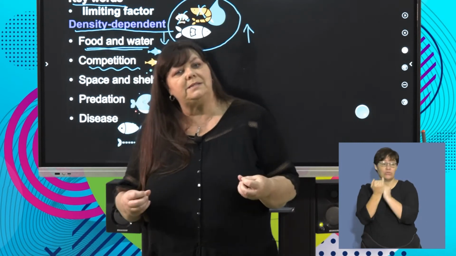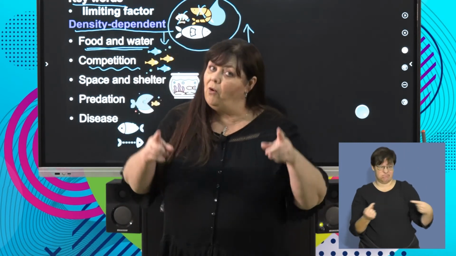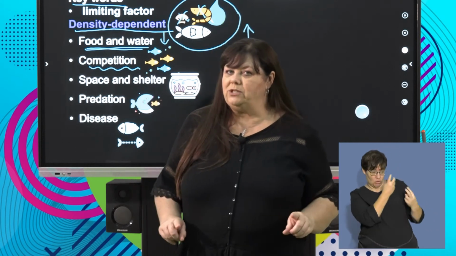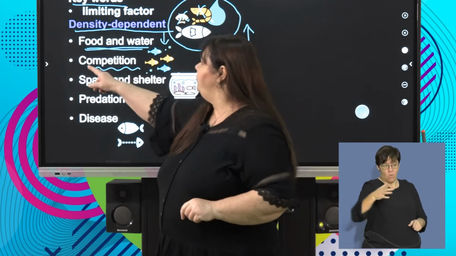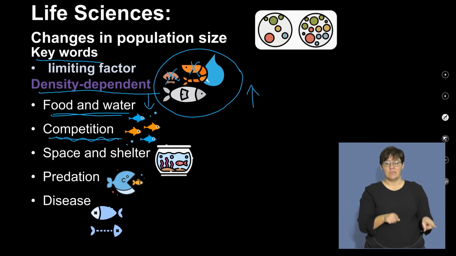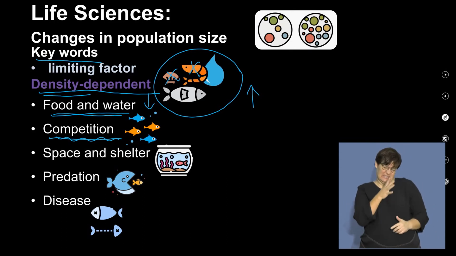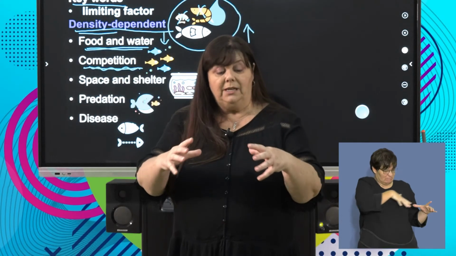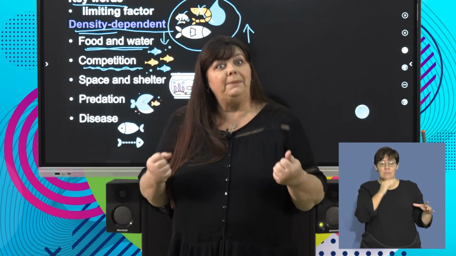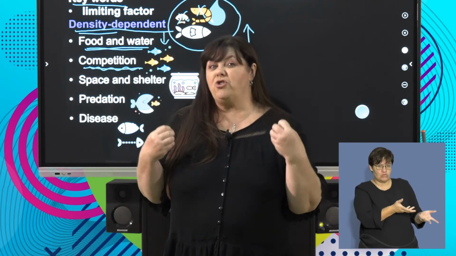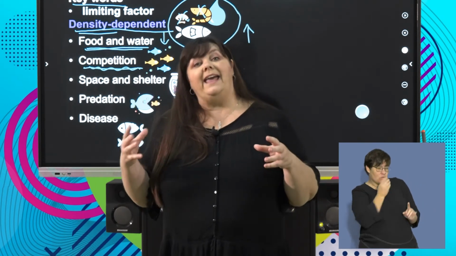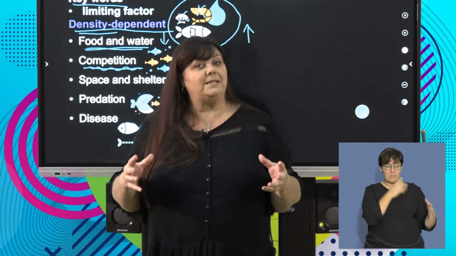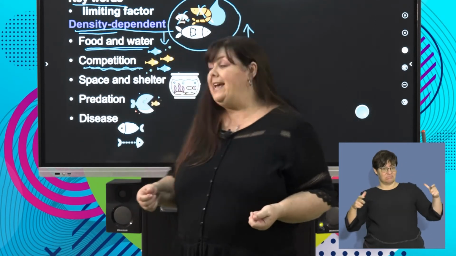Competition means fighting for a limited resource. And if we have a very dense population, lots of individuals in this particular area, it means that competition is going to be rife. Competition is going to be strong, and that is going to limit the size of the population.